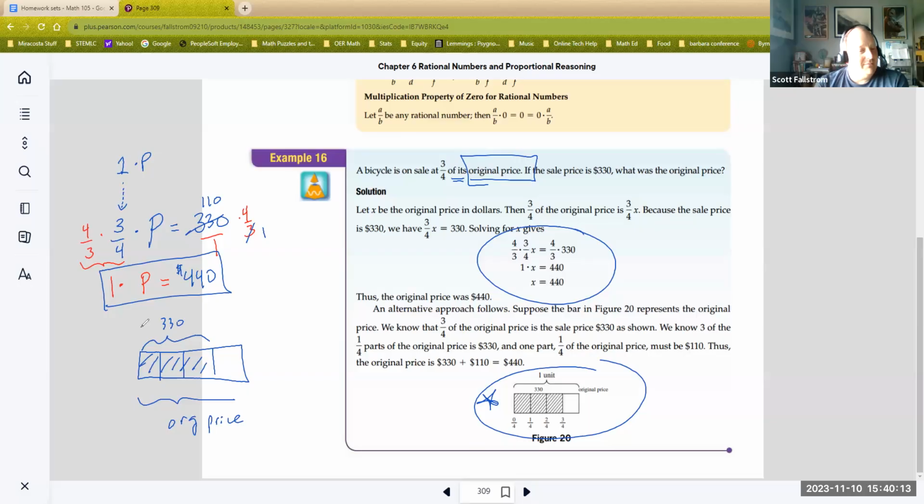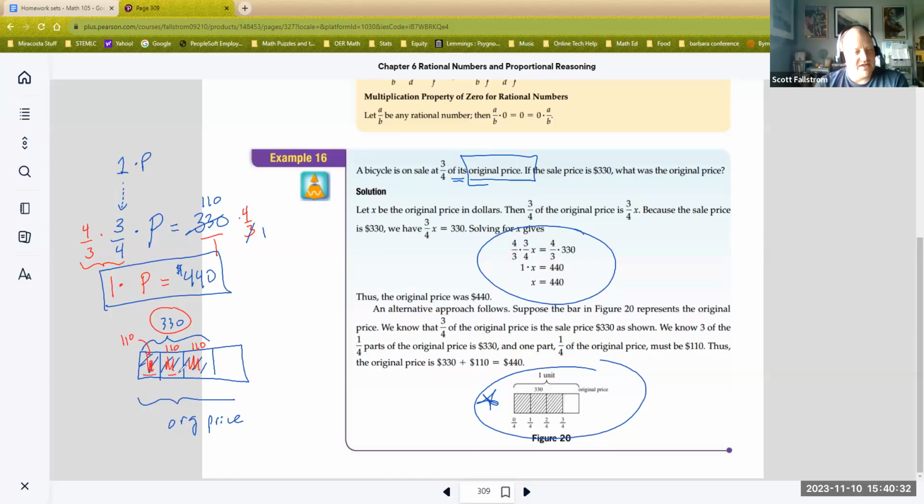Okay, so that might help you understand why, when you look at it, you really have 3 pieces and they make up $330. So if you ask, what is each piece then? Well, each piece must be $110, because 110, 110, 110 gets you 330.